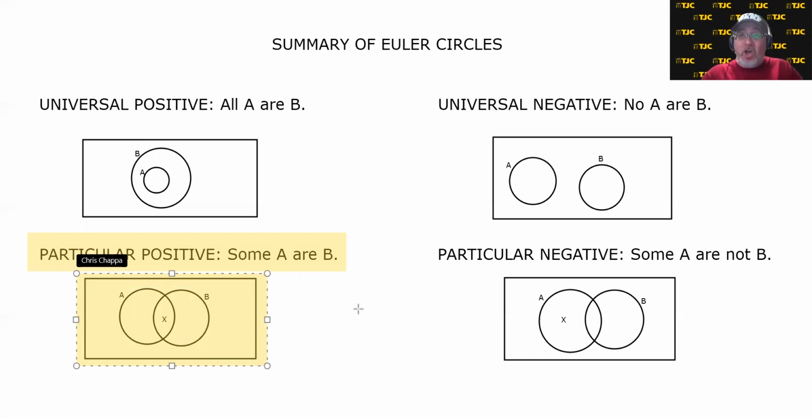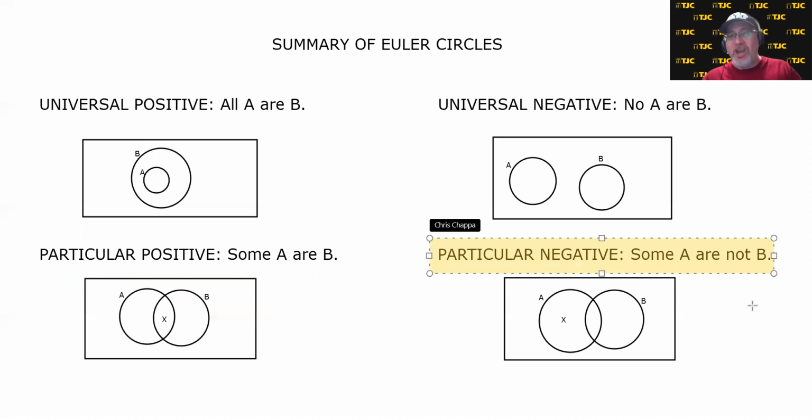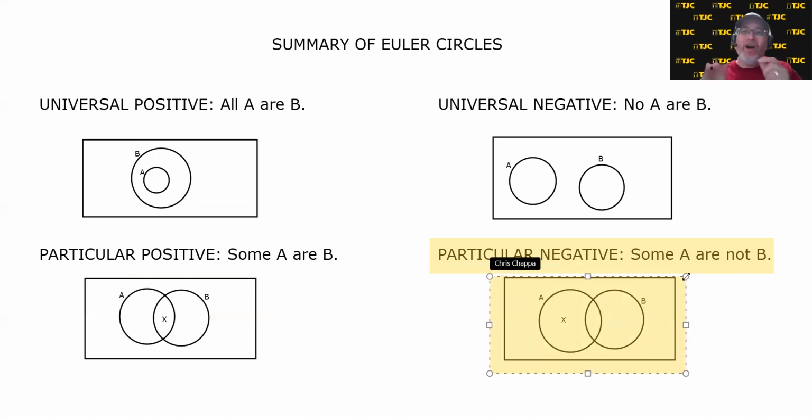There is something that belongs to A that also belongs to B. And for the particular negative, some A are not B, we still draw the two overlapping circles because we don't have evidence that they don't have anything in common, so we can't assume that they don't. If they didn't, the intersection would just be empty. But to show that there is some A that is not B, we can show the existence of such an element by putting an X inside the A circle but outside the B circle.